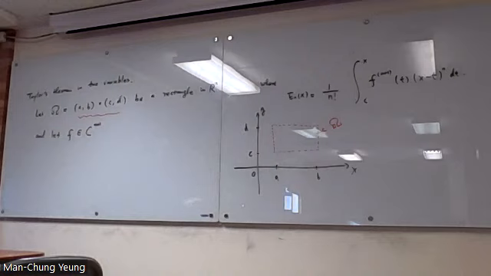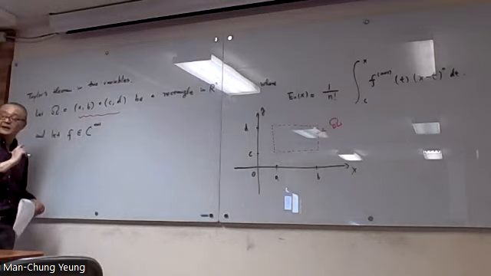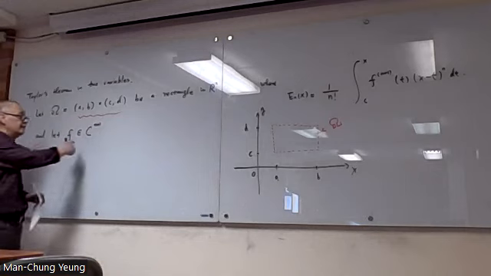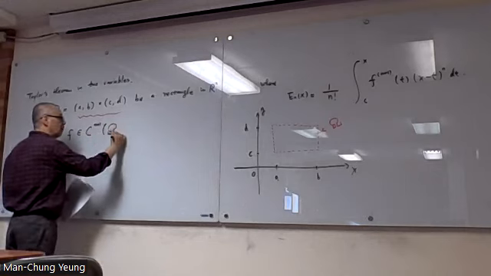Take derivative, say, on x n times and on y 1 time. But all the derivatives are required to be continuous on the rectangle.